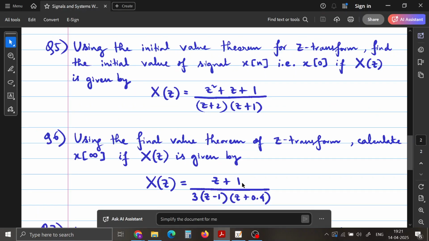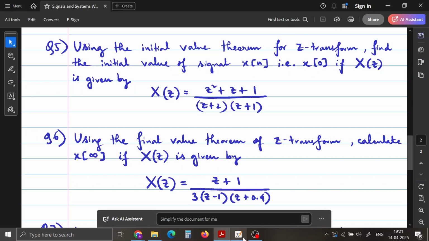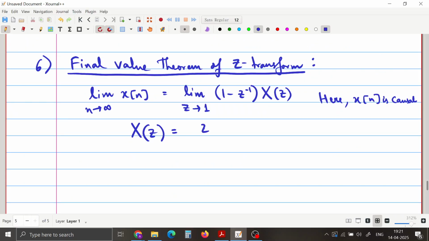We have (z plus 1) divided by 3 into (z minus 1) into (z plus 0.4).